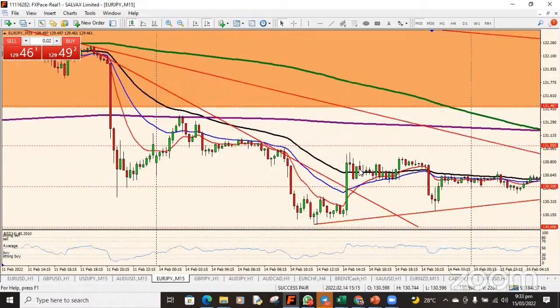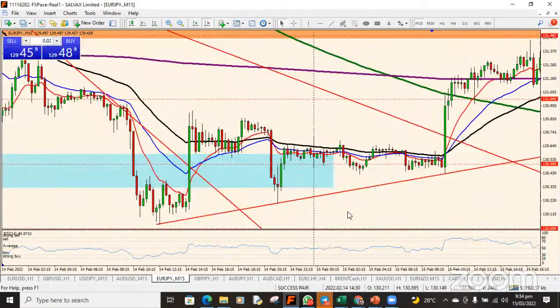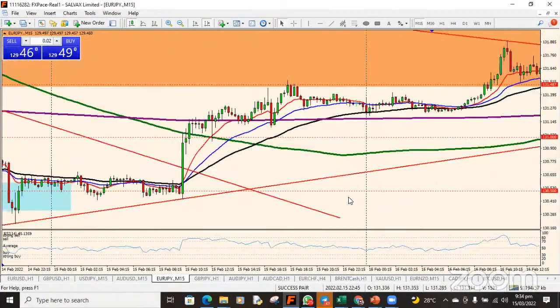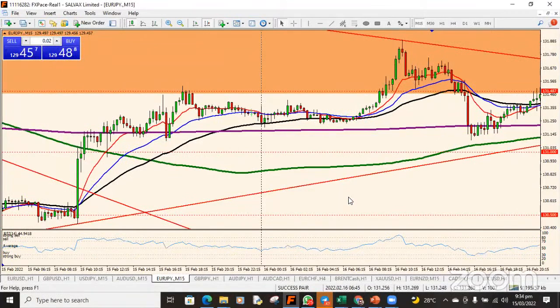When it broke, it came back to retest that level again. And when it retested, it is now when it started forming this, which means you have to be looking out for those patterns, and you have to draw your chart, do your analysis, and wait for the market to come to those points you want to buy or to sell.